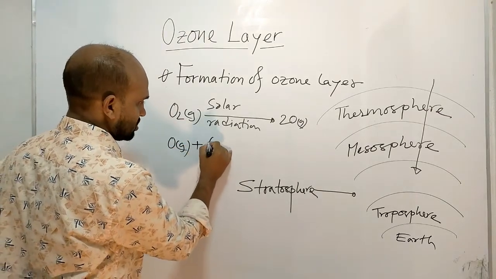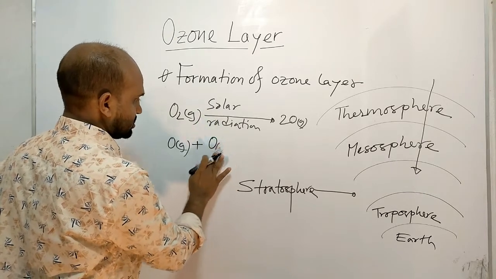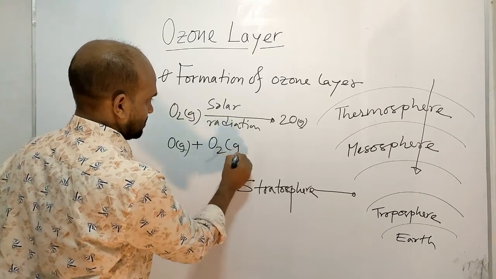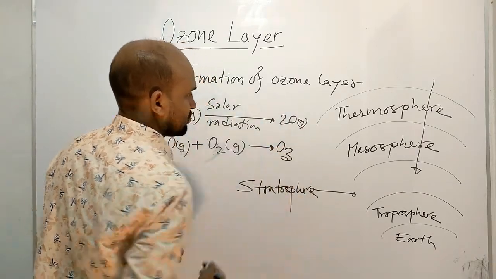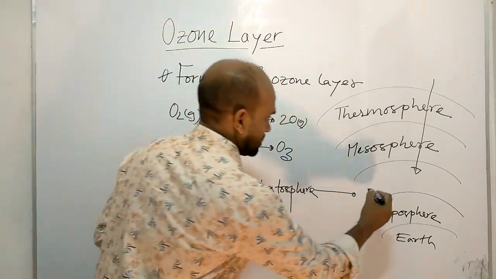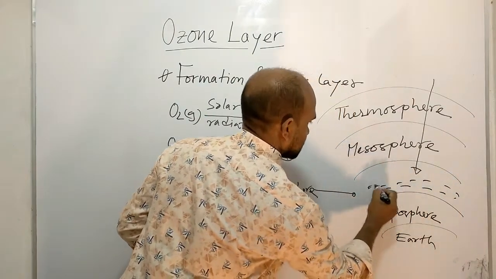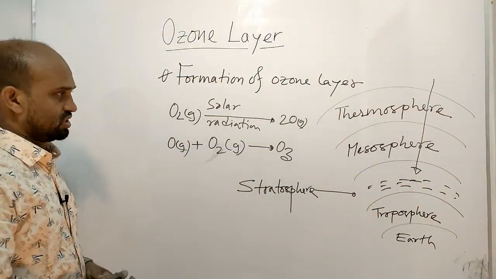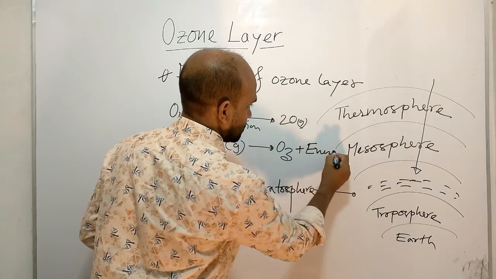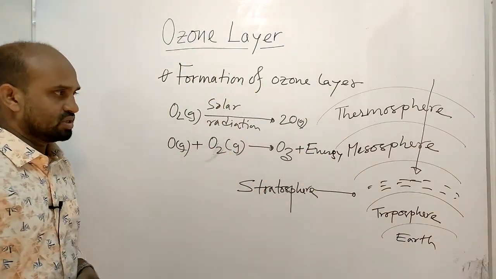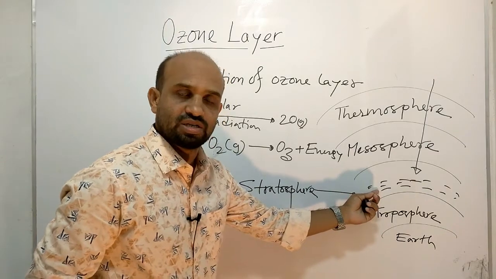This atomic oxygen combines with oxygen gas, and ozone is formed. Here this reaction happens. Ozone is formed, and with this energy is produced. So here heat energy is produced.